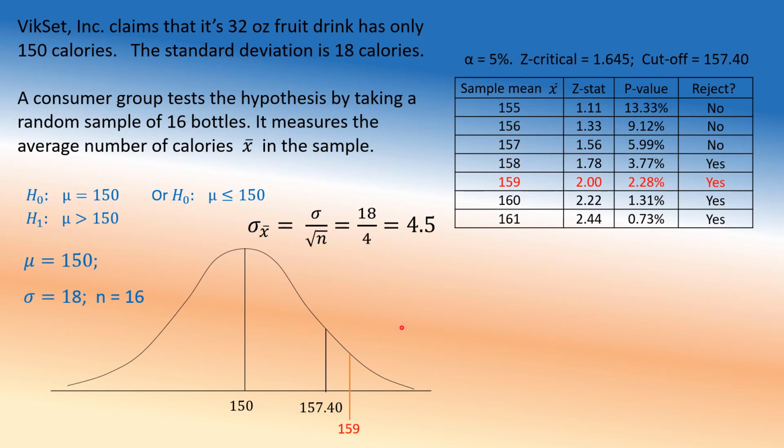Now 158 falls here, rejection side, we reject it. 159, which is this line, reject it, and so on and so forth. We can compare the sample mean to the cutoff 157.40. If the mean falls on this side, don't reject. This side, reject. But let's look now at Z scores.